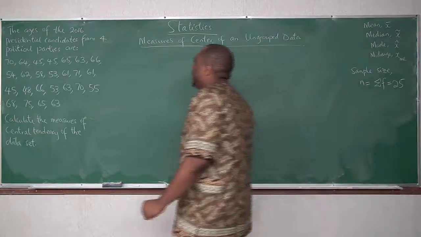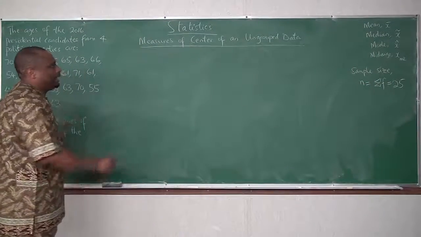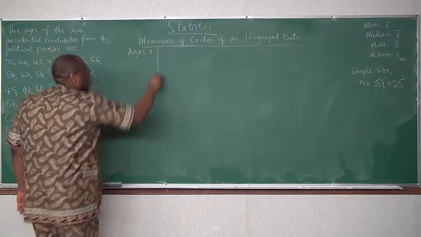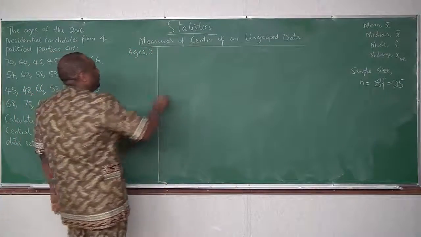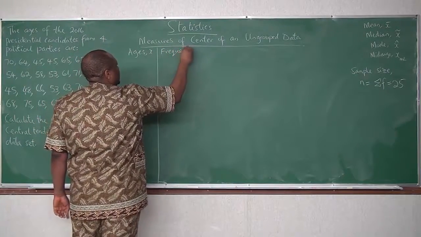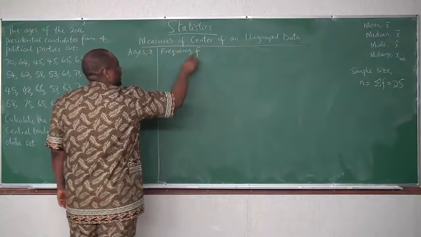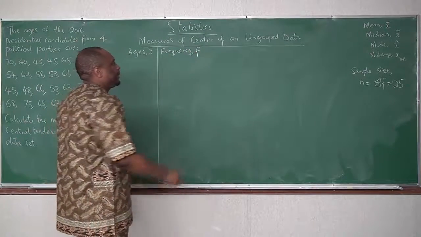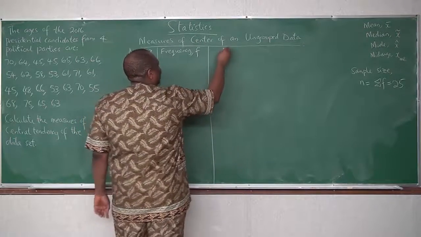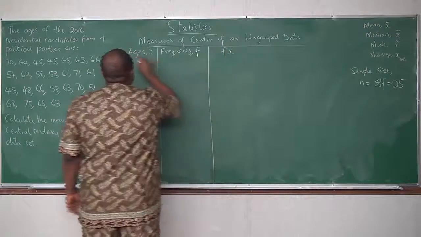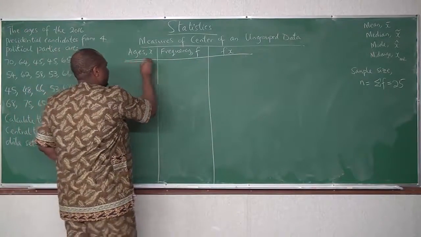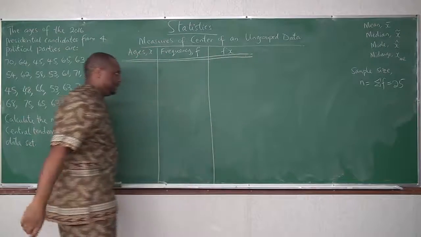Here we are going to write ages and put x. Then we'll write frequency and put f. And we will find our fx, that is f times x. I will use a double line to separate it.